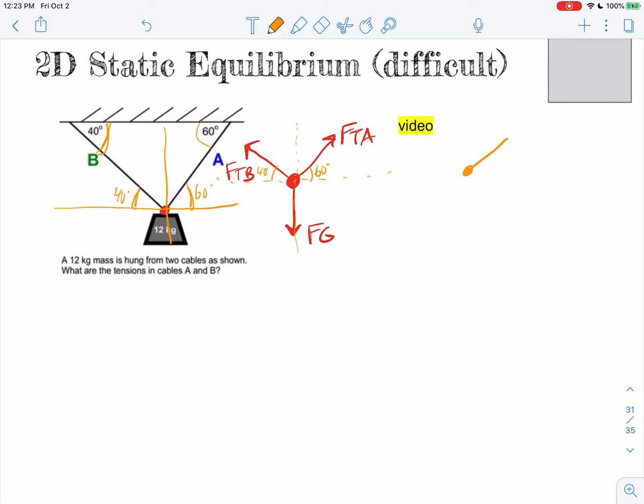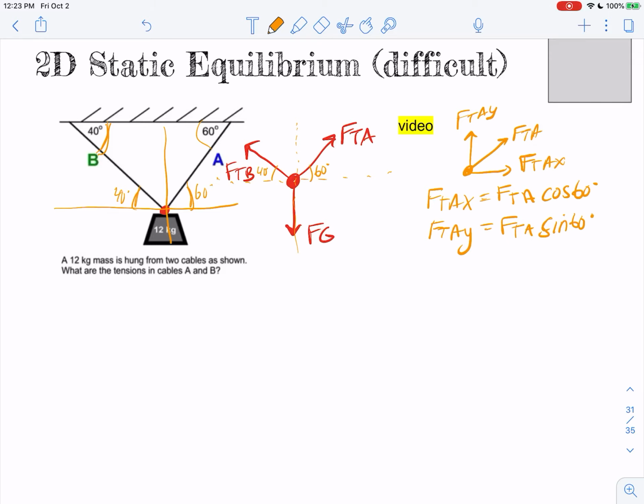So I'm going to split my components. My FTA, FTAY, FTAX. So FTAX is going to be FTA cosine 60, and FTA sine 60 is going to be the y component.